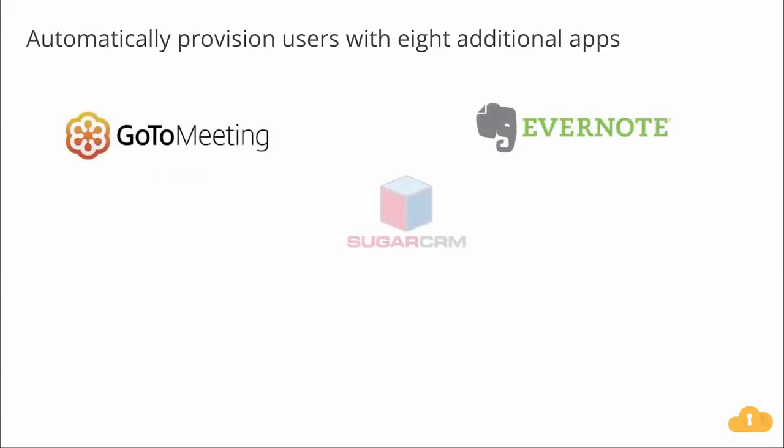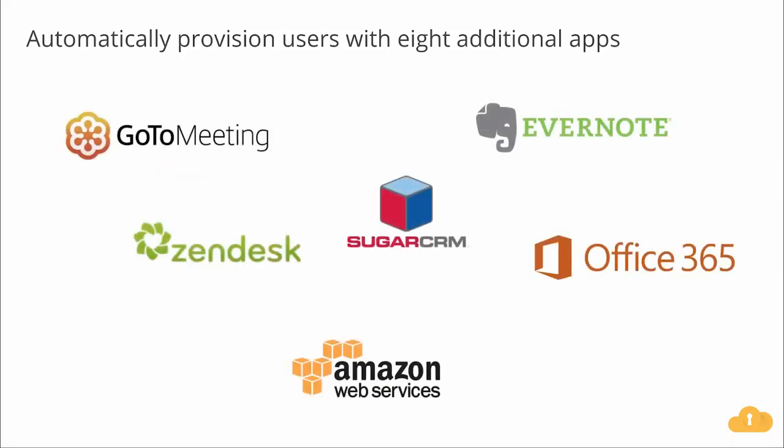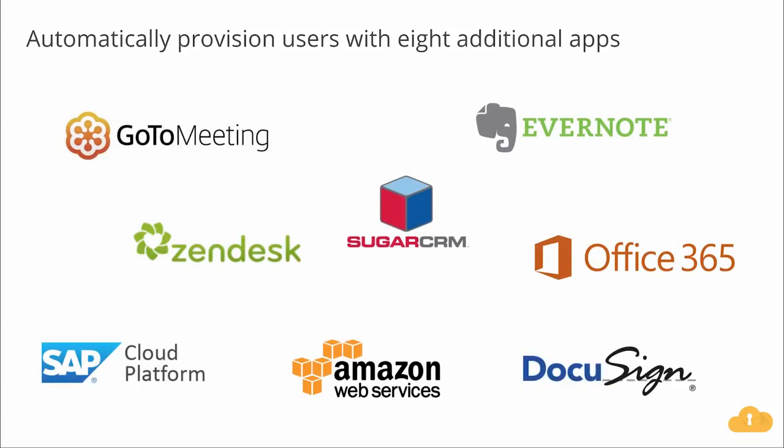We've heard a lot of positive feedback from admins for automated user provisioning that supports third-party apps, so we're adding auto-provisioning support for 8 new apps: Amazon Web Services, DocuSign, Evernote, GoToMeeting, Office 365, SAP Cloud Platform Identity Authentication, Sugar, and Zendesk.